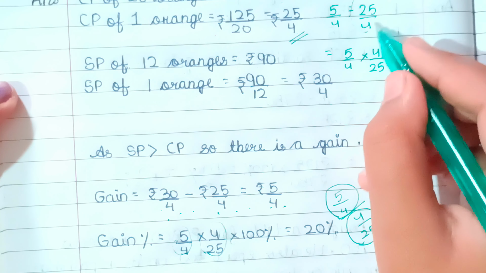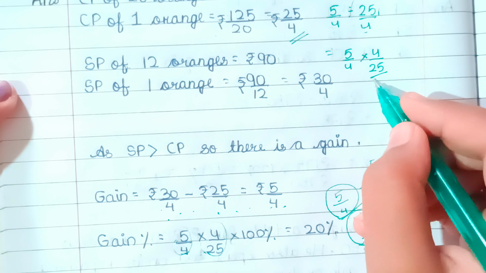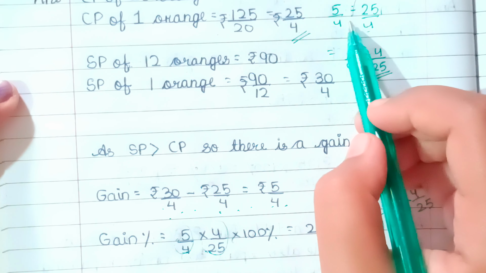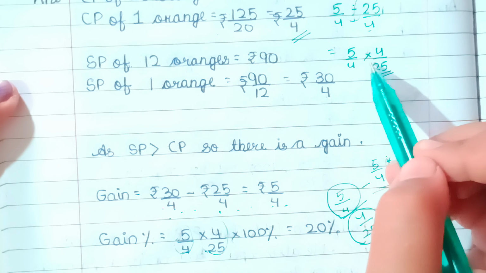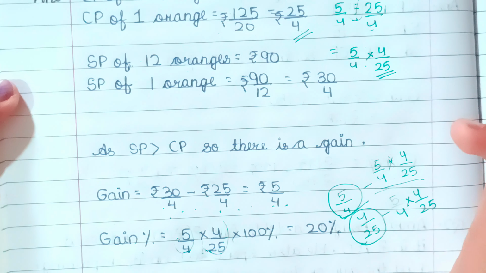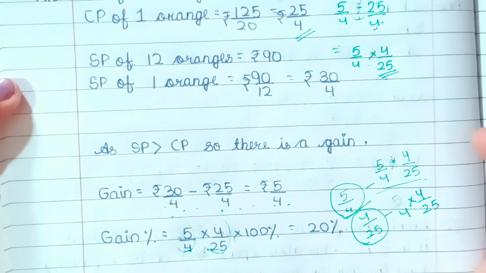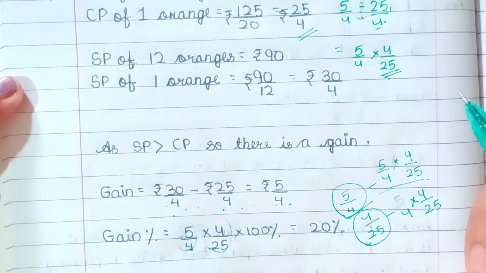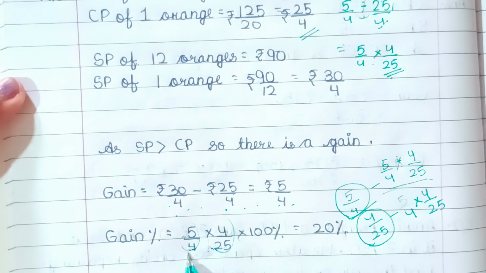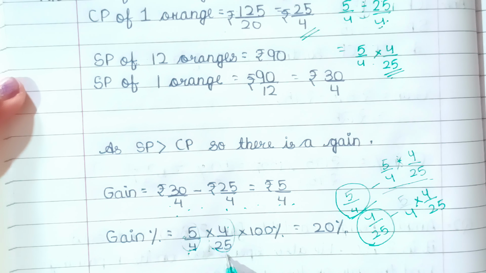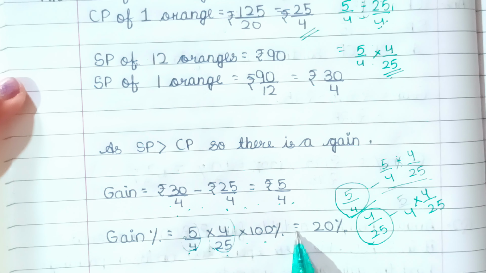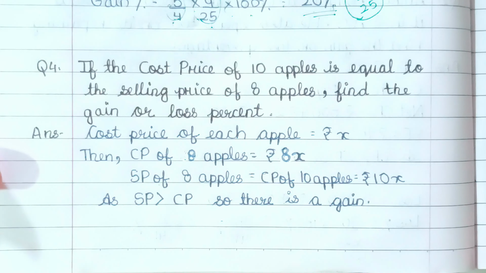This 4 by 25 is the reciprocal of 25 by 4. When we change the sign of divide to the sign of multiplication, then we change the fraction. We make the denominator the numerator and the numerator the denominator. We have 5 by 4 into 4 by 25 into 100%, that is 20%.